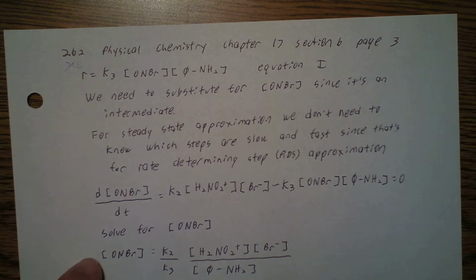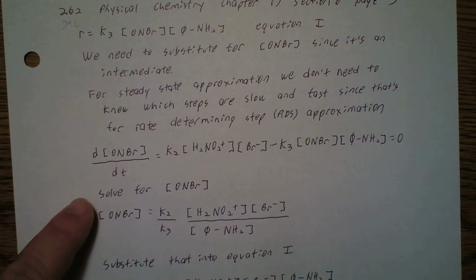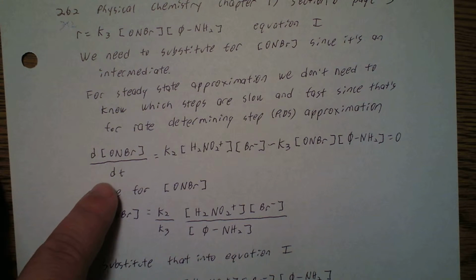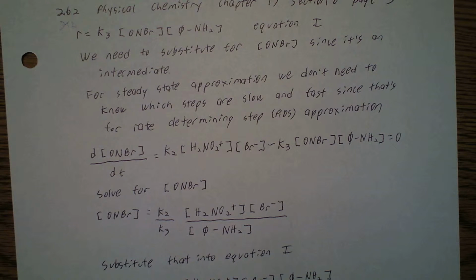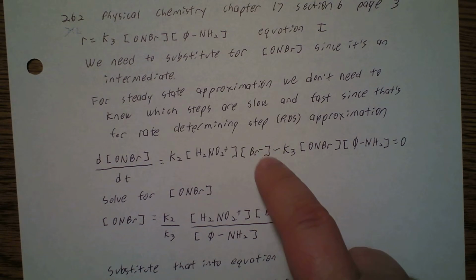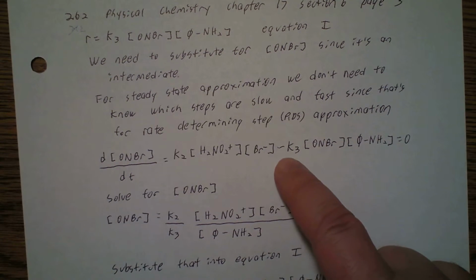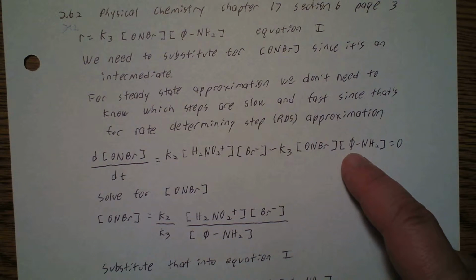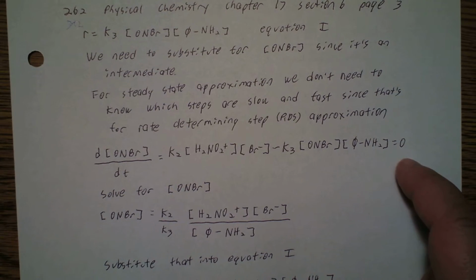So we have the derivative of the concentration of the ONBR with respect to time is equal to K2 times the concentration of the H2NO2 plus times the concentration of the bromide minus K3 times the concentration of the ONBR times the concentration of the phenyl NH2.